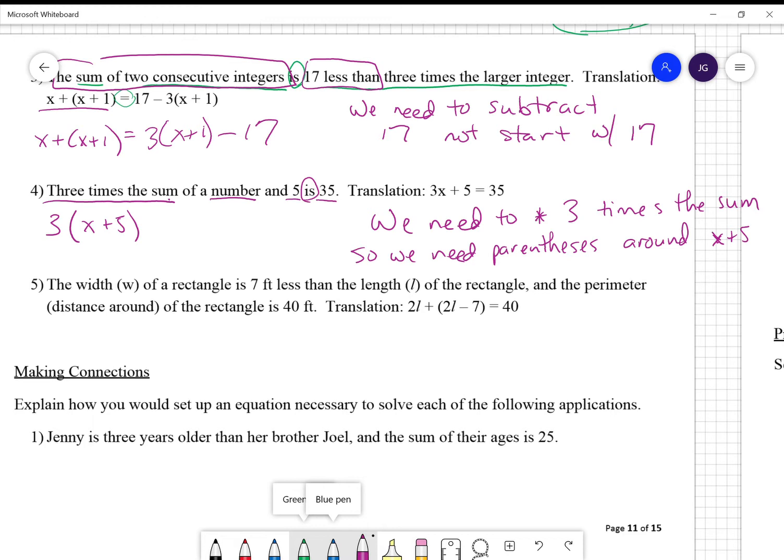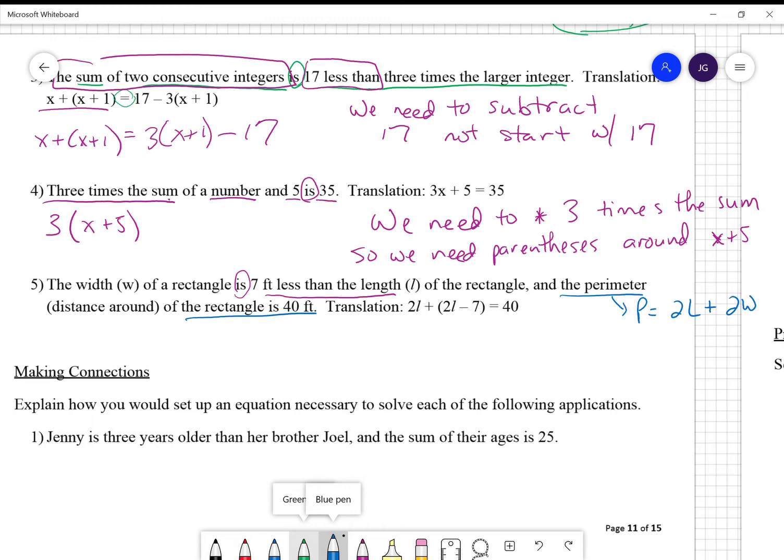Okay, last example. The width, using W for width, of a rectangle is 7 less than the length. The perimeter is 40. Well, here you have to remember that the perimeter of a rectangle is 2 lengths and 2 widths.